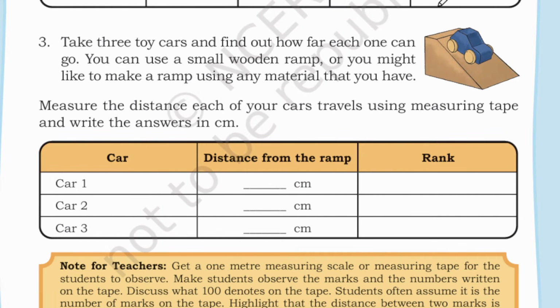You have to take 3 different cars from your home and make a wooden ramp like this, and leave the car from here, and then measure the end point where the car is stopping. For example, the car is stopping here. You have to take a rope or measuring tape and measure where the car is stopping. Car 1, distance from the ramp in centimeter, and which rank it is.